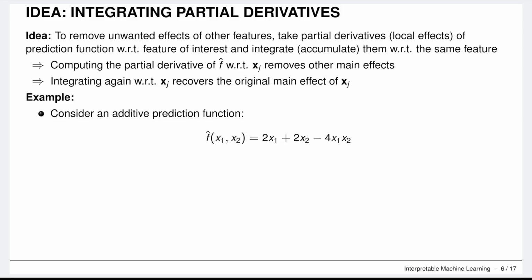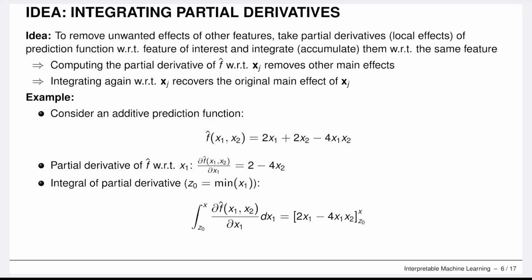Let's look at an example. Here we have two features and one interaction. Now using the partial derivative with respect to x1 will give us this term here. What happened is that this term vanishes due to the partial derivative, and this is exactly the term that would include the effect of feature x2. So this removes the main effect of feature x2.